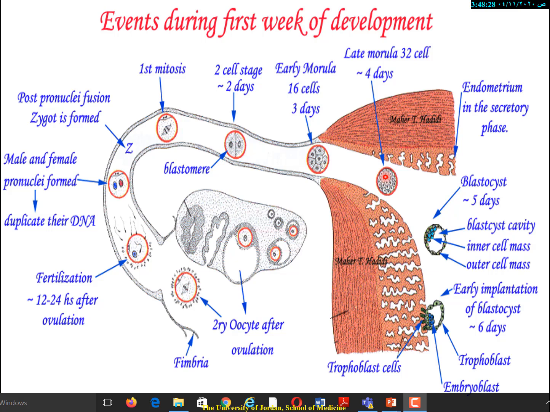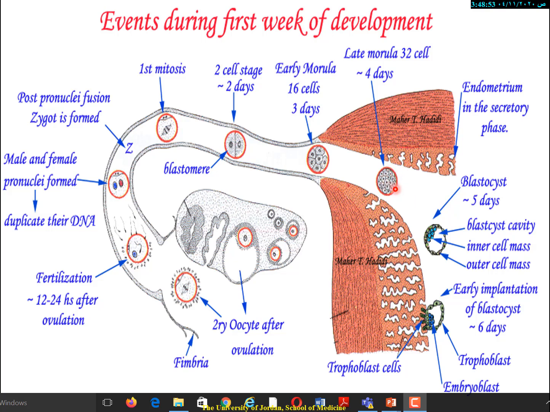The first week of development begins from the moment of fertilization. So day 4 of what? Of development. Development of what? The embryo itself. Now this is what we call the late morula.